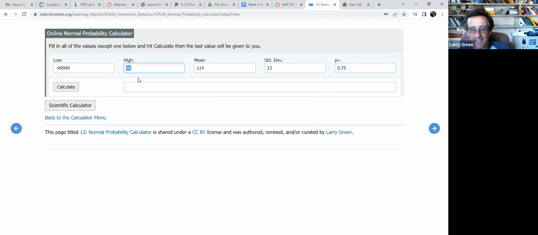Yeah, we don't know the high, because it's the number such that the area below that is 0.75. Area below means we're on the high side, and below is on the low side. And then similarly, the low goes all the way to negative 99999. I hit calculate, and I get about 129 and a half.